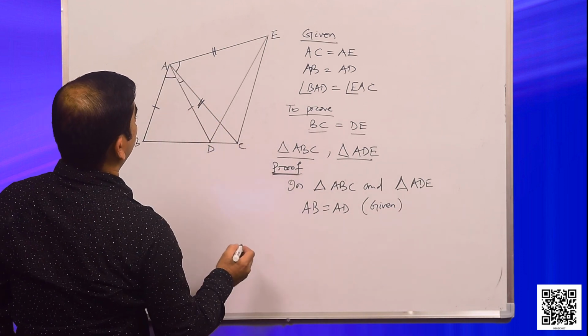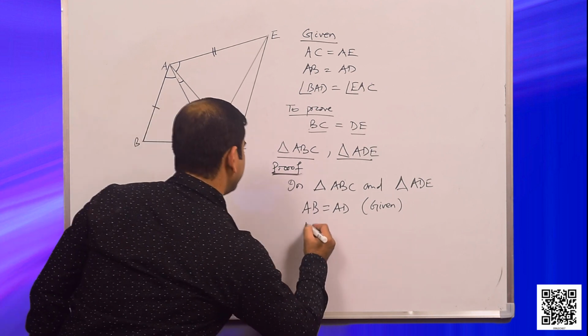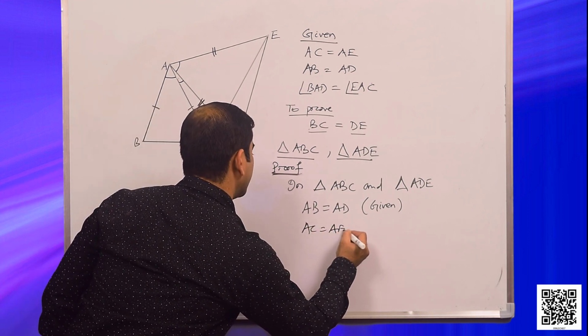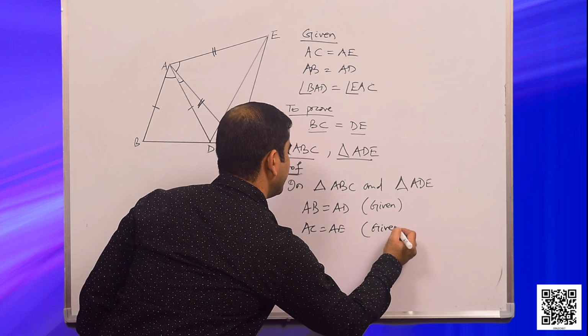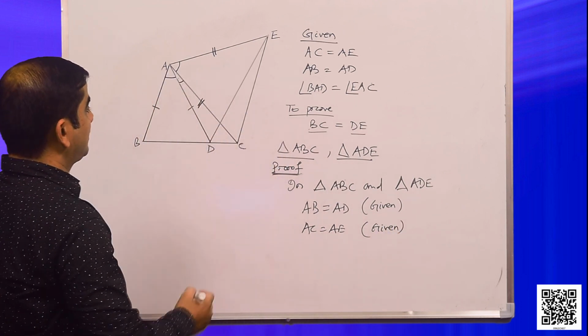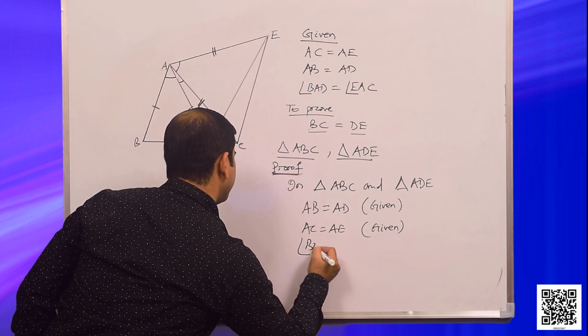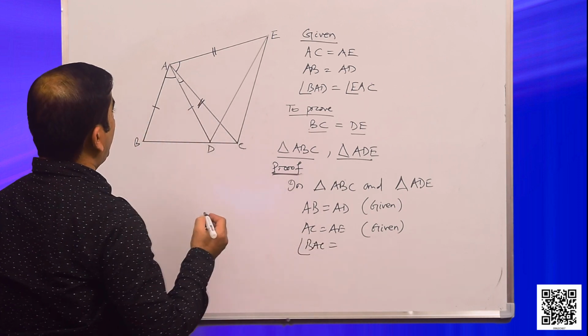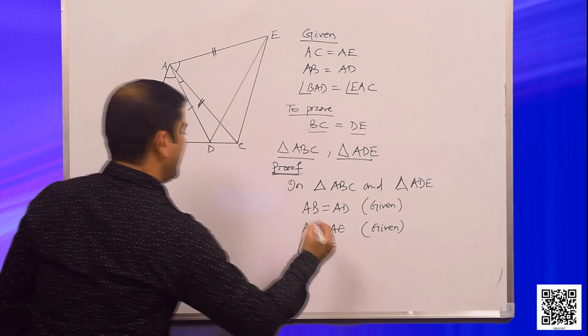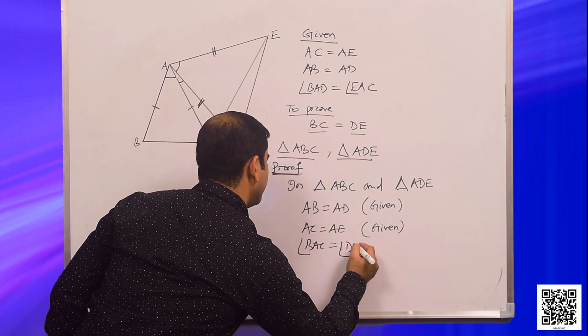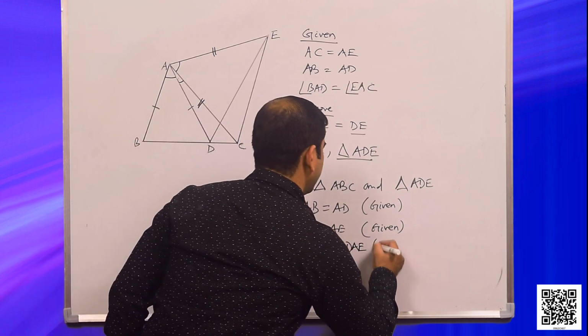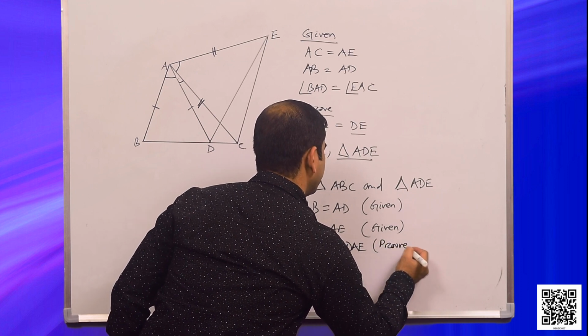AC is equal to AE, that is also given, and angle BAC is equal to angle DAE, it is proved already.